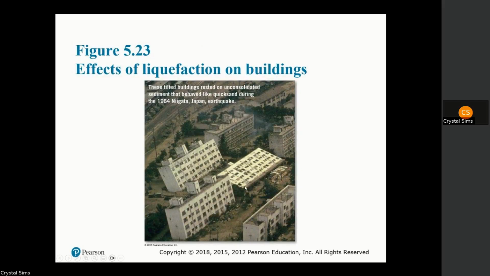So these buildings were built on sediment that seemed strong enough to hold the buildings. They had been there for many years, but it was unconsolidated sediment. It was more sandy. And as those water molecules started moving due to the shaking from the earthquake, the building started to sink and fall over.